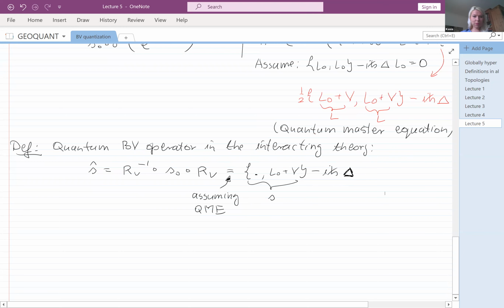Okay, so just to summarize, what do I need those for? Well, it turns out that if I want to compute quantum observables, recall that this BV operator in the classical theory, we used it to compute gauge invariant on-shell observables, right? So to find the physical content of the theory.